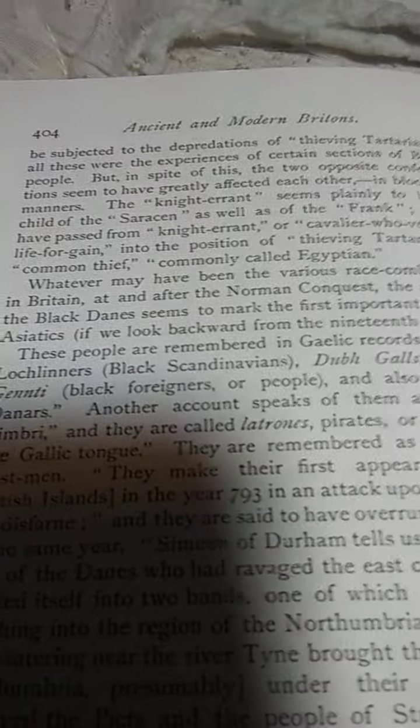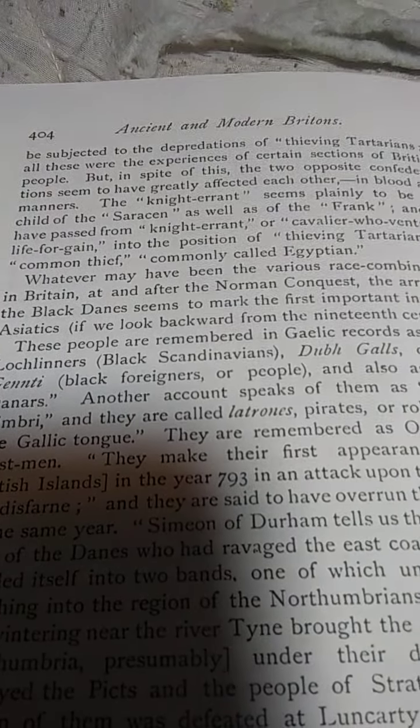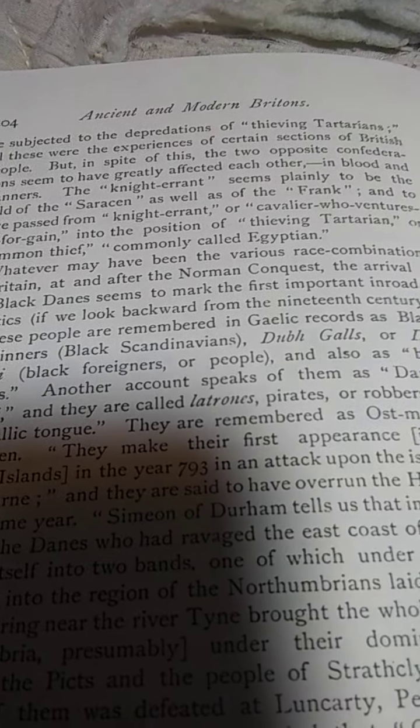Okay, let me show you that. Let me get a focus. And you can see it. Dub Gaill, or Dubh Ghoill, black foreigners, and also as Black Danars.